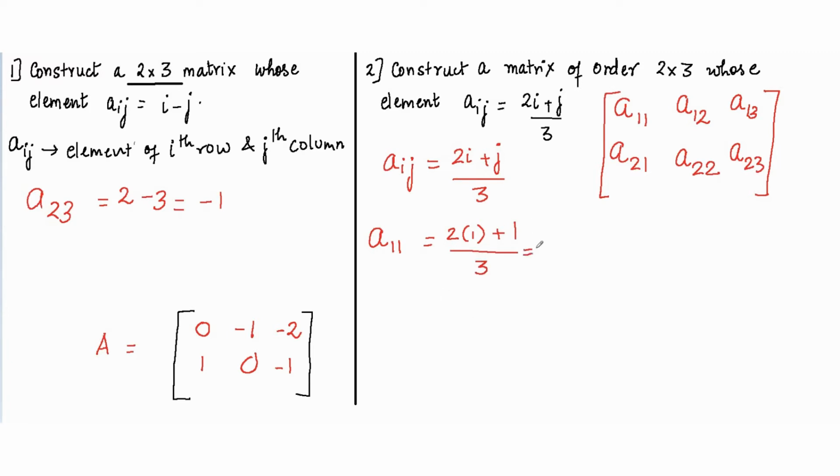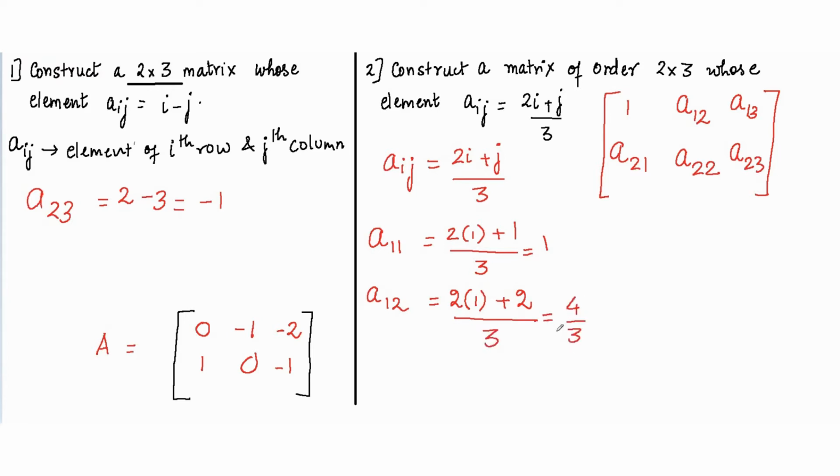That's 2 plus 1, 3 by 3 is 1. Therefore, the first row, first column element, A11, is 1. Then I have A12. A12 is given by 2 times i, that's 2 times 1, plus j, which is 2, divided by 3.